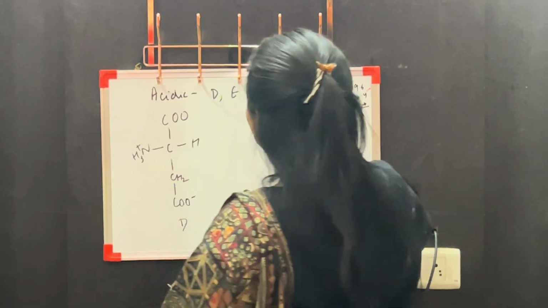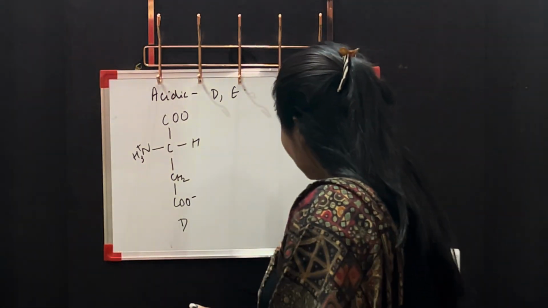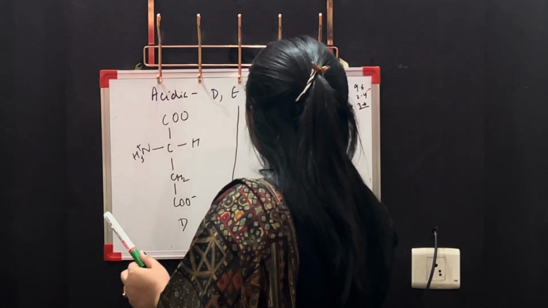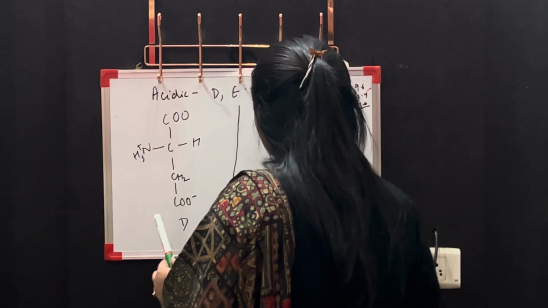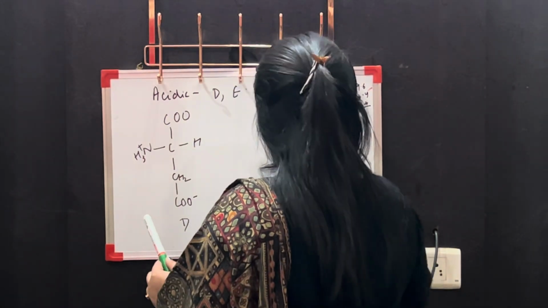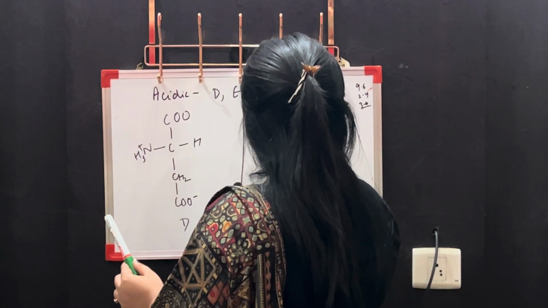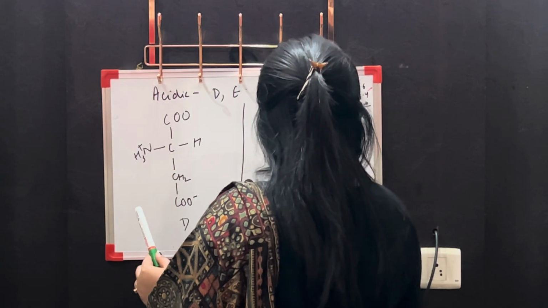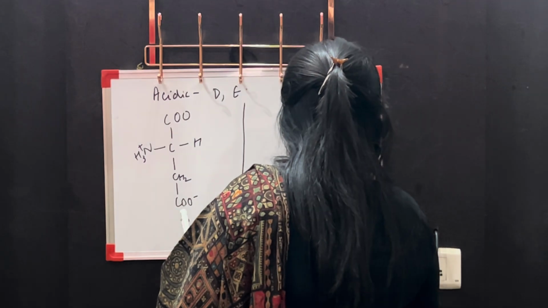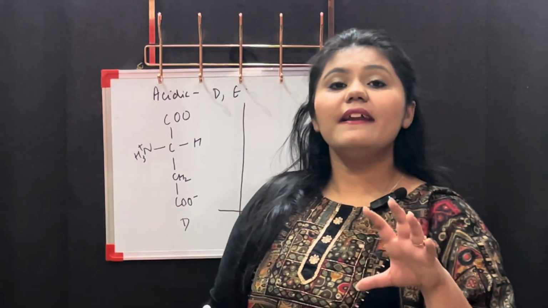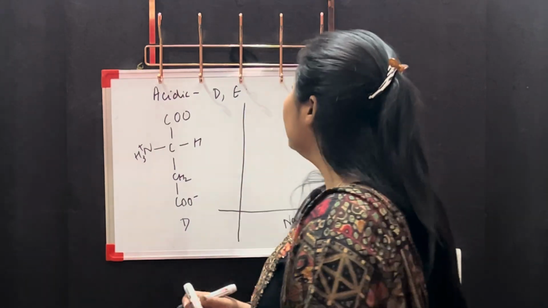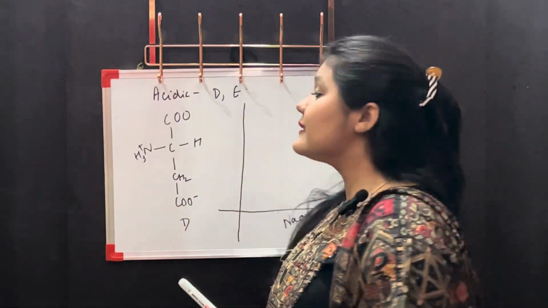When we draw the titration curve, I've already told you that on the x-axis we add OH equivalents in the form of NaOH, and then we add our analyte, the amino acid solution. In this case, we have aspartic acid.